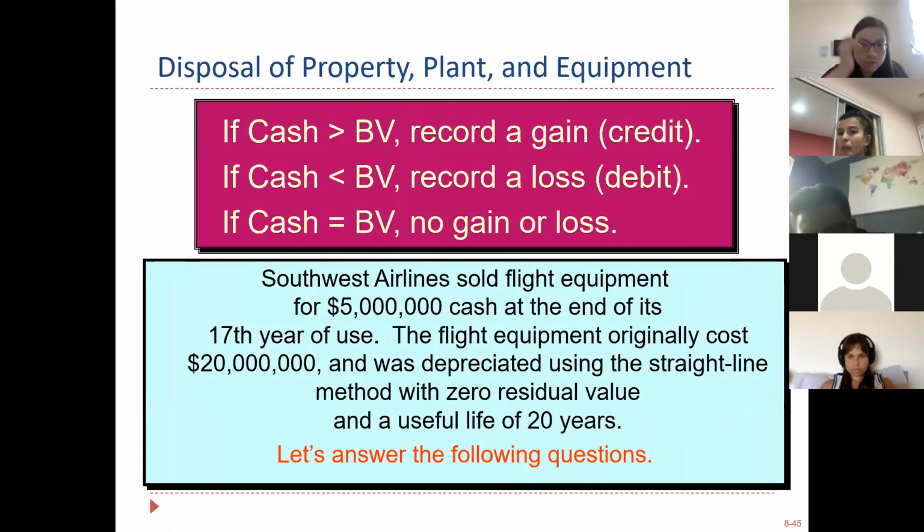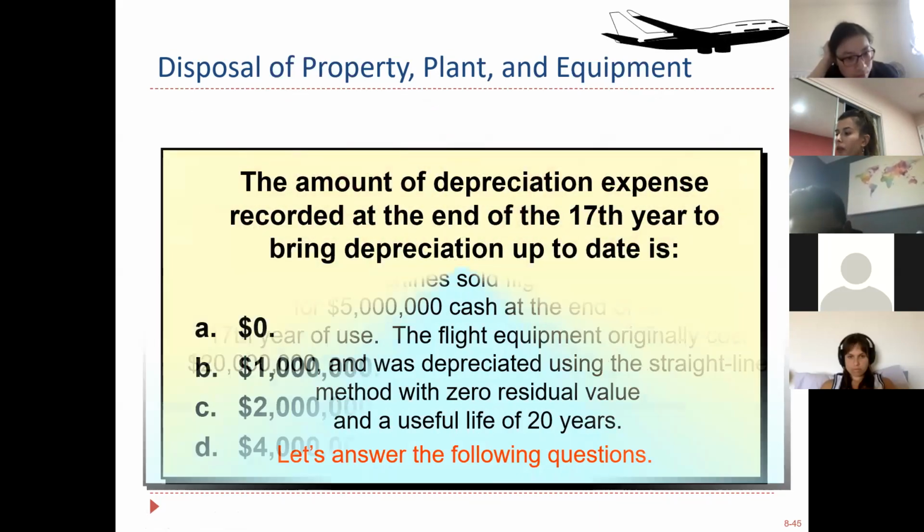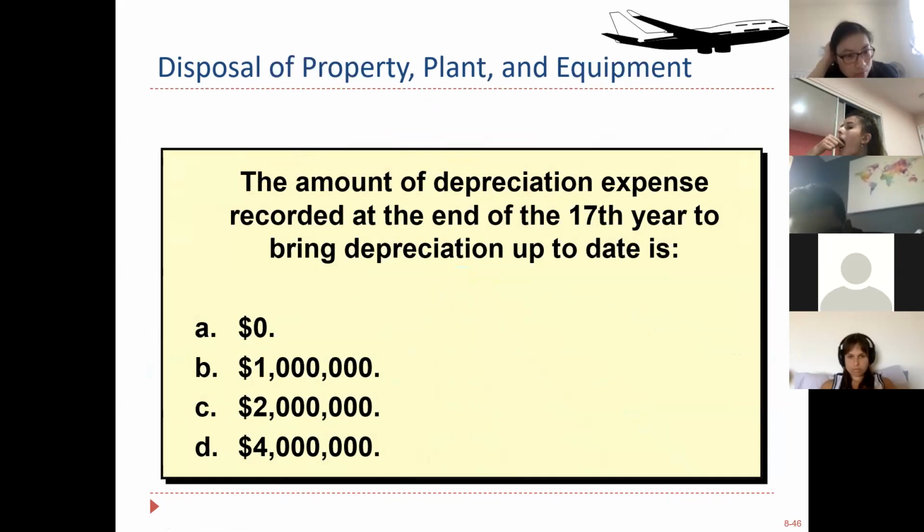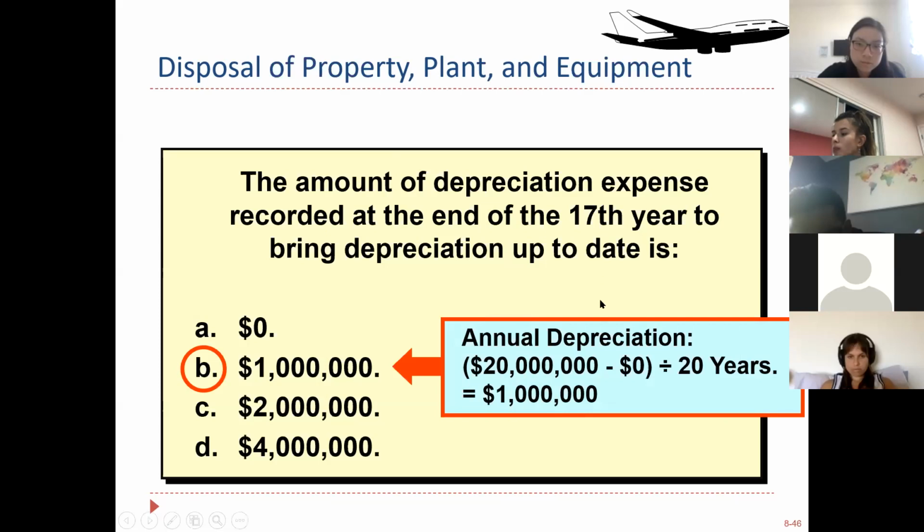Now, this can get a little tricky unless you organize your thinking. Here we go. The amount of depreciation expense recorded to bring depreciation up to date is, I can't see this, I have to move this.